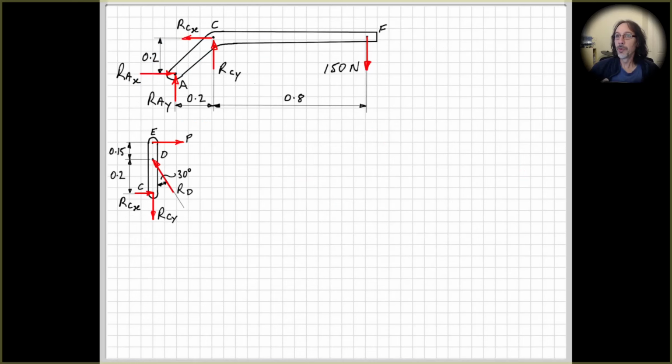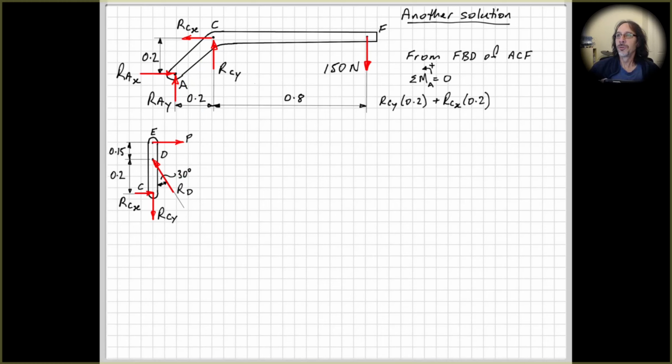All right, so I've got another solution, drawing separate free body diagrams of ACF and CDE. From the free body diagram of ACF, starting with moments about A: RCY times 0.2 plus RCX times 0.2 minus F times 1.